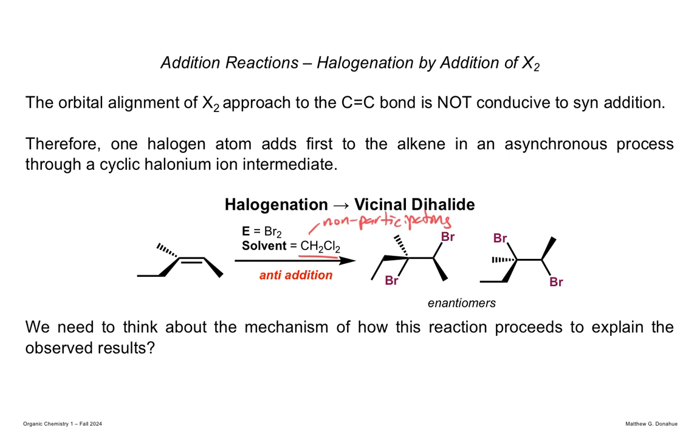So as we see with our model alkene, using bromine, each carbon is getting a bromine atom. But now look at the way they've added.